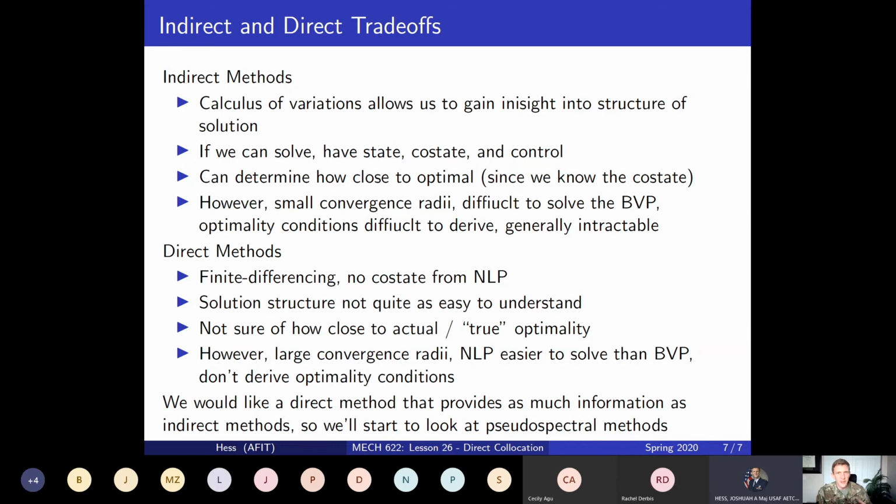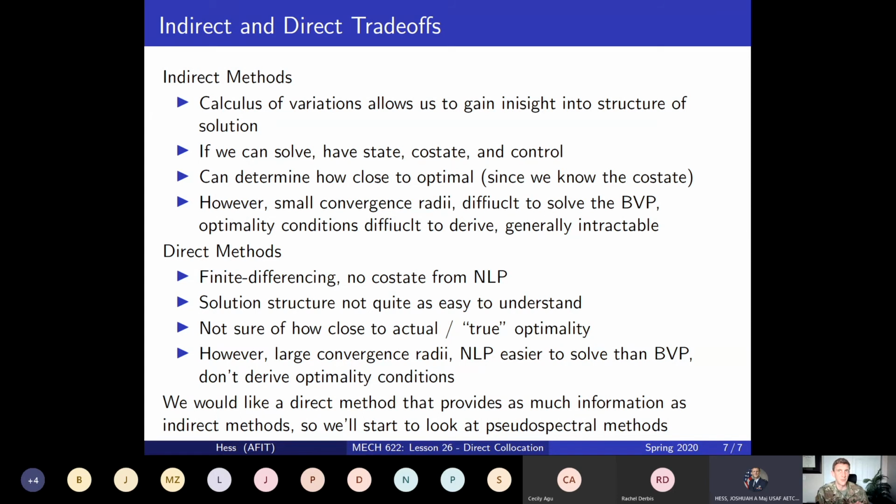Direct methods do some type of finite differencing. Global pseudospectral methods originally came from trying to solve CFD and fluid dynamics problems, and it was around the late 80s that people started applying these to optimal control problems. The solution structure with a direct method is not quite as easy to understand.